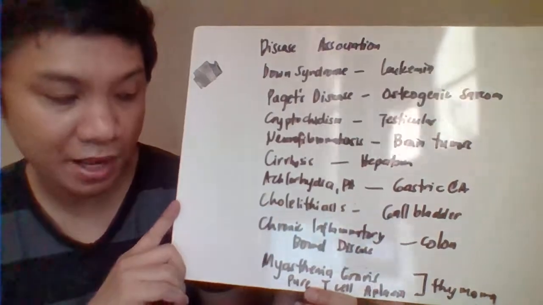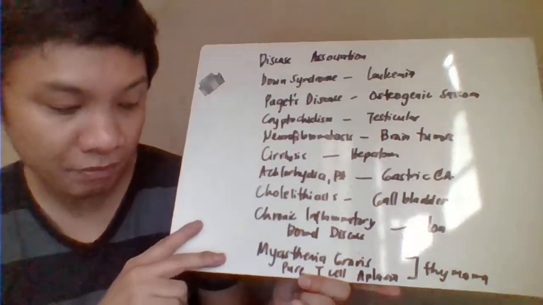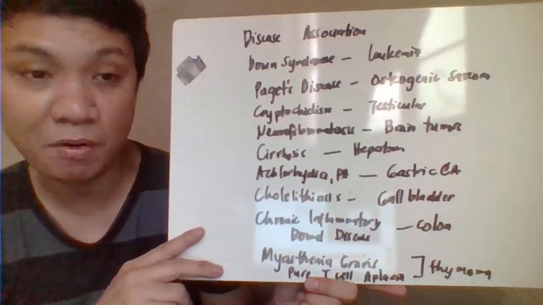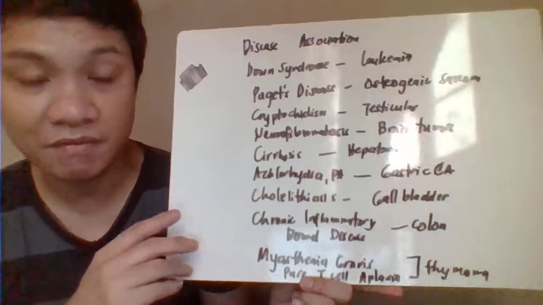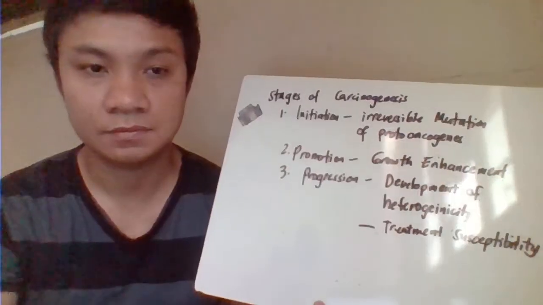Cholelithiasis would be your gallbladder. Chronic inflammatory bowel syndrome related to your colon cancer. Then we have also your myasthenia gravis and pure T-cell aplasia with your thymoma or your thymus. That would be defective thymus production.